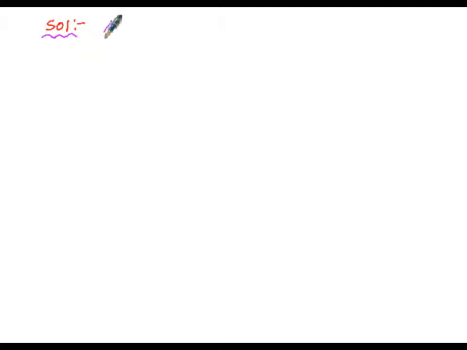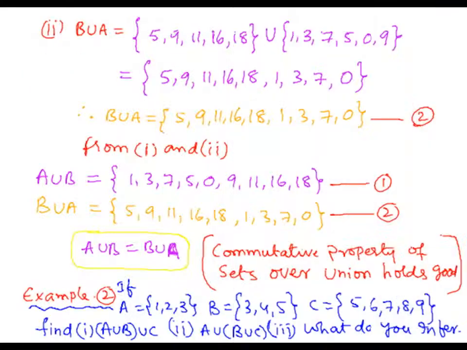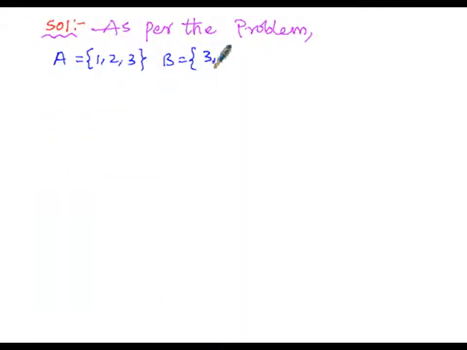Here, as per the problem, the given sets are: A, whose elements are 1, 2, 3. Then set B elements are 3, 4, 5.